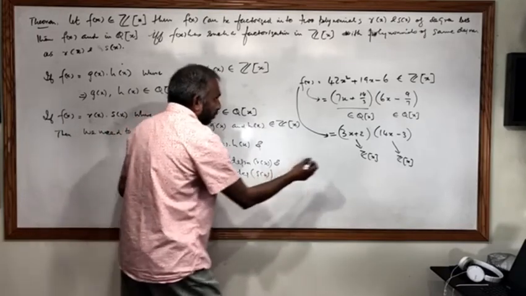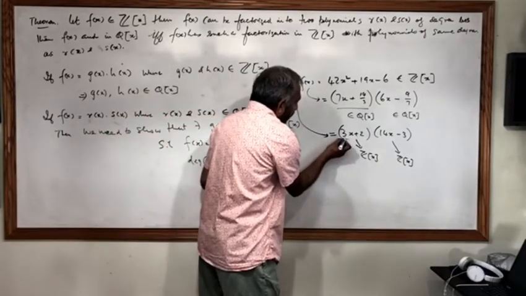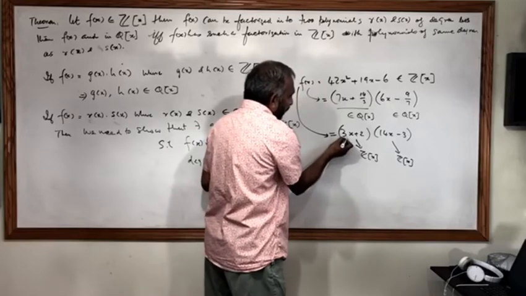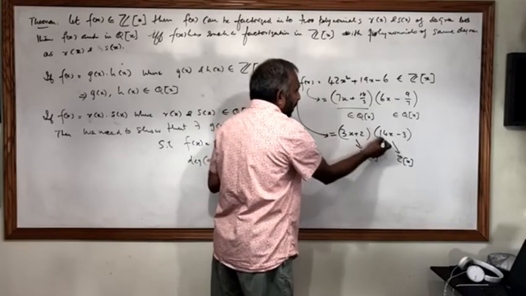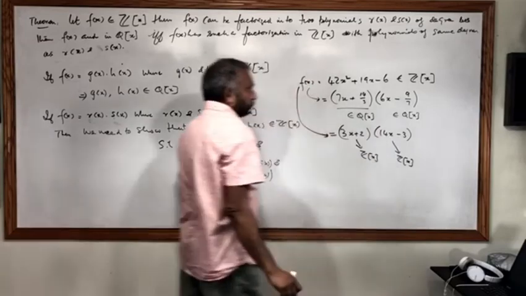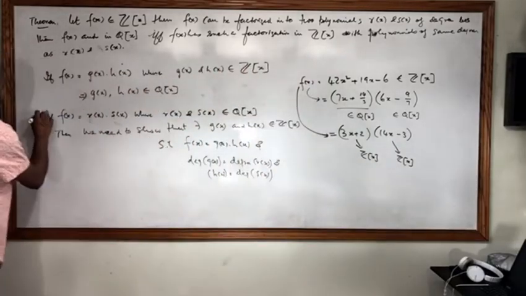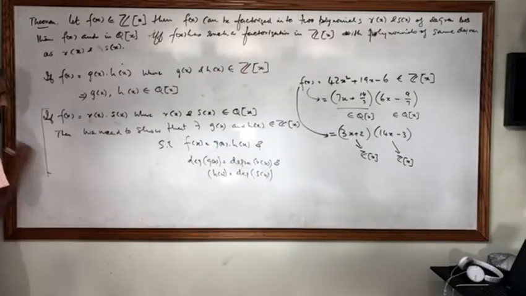See, the degree of 3x + 2 is the same as the degree of this, and here this is the same as this. So this is the part that is going to be a little complex.